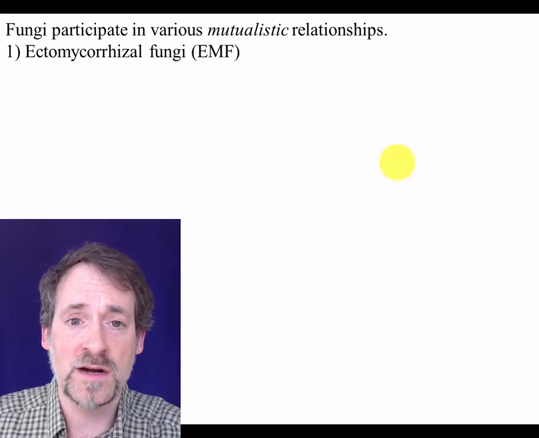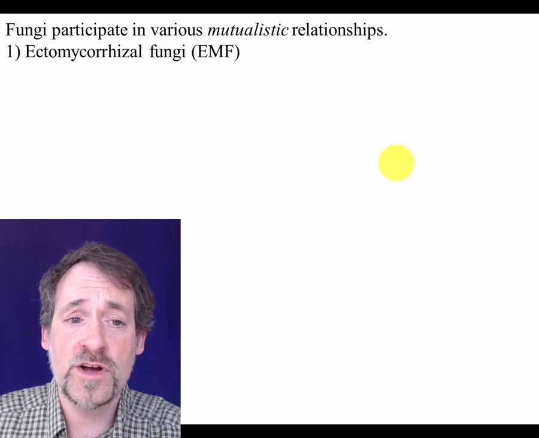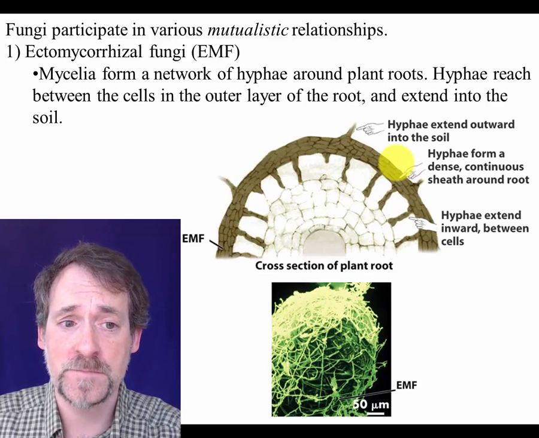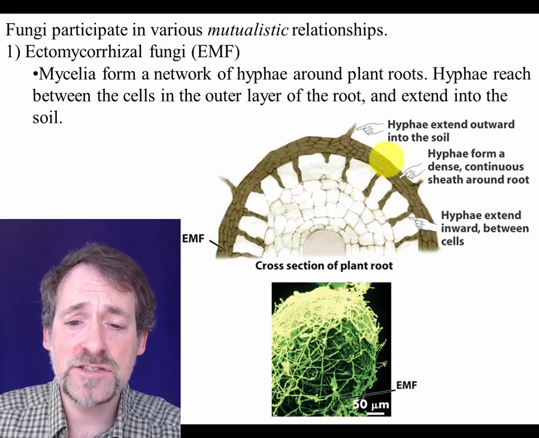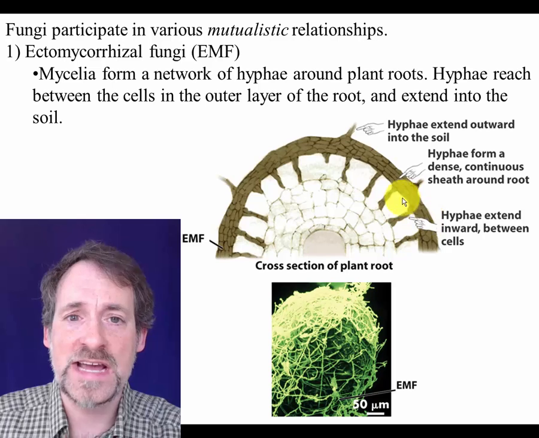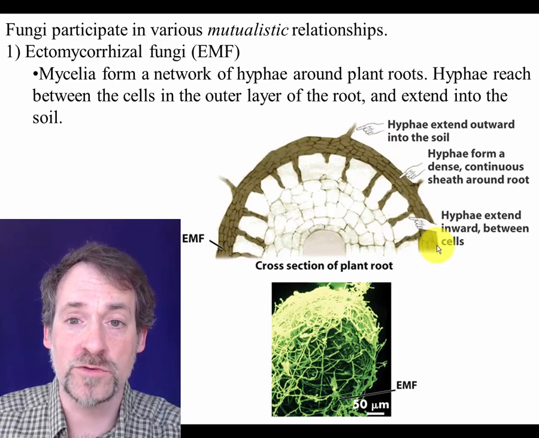Mycorrhizae come in a couple of different flavors. First, there are what are called EMF, ectomycorrhizal fungi. In an ectomycorrhizal fungus, what you have is this network of hyphae, that's shown here in brown, that wrap around the root of plants.